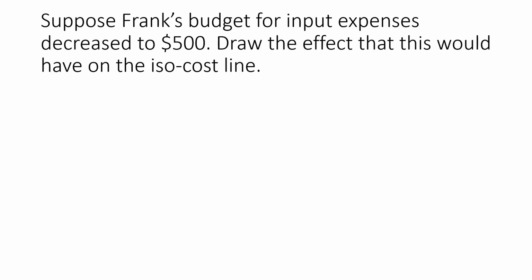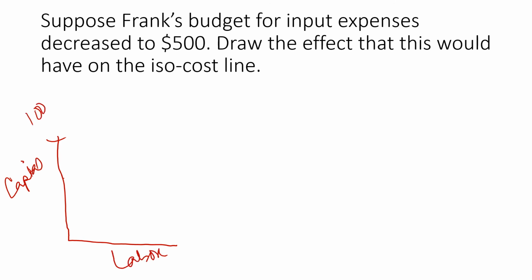Okay. Suppose Frank's budget for input expenses decreases to 500, draw the effect that this would have on his ISO cost line. Okay, so again, we have the capital and labor. When his budget was 1,000, we had 10 max capital, 100 max labor that we could buy. We had capital cost $100 and labor cost $10.